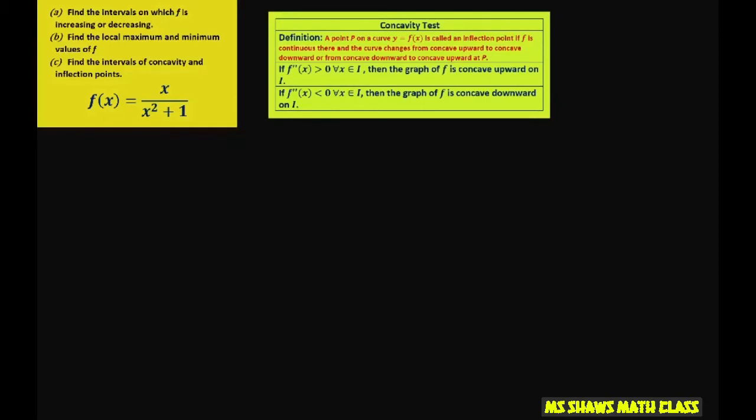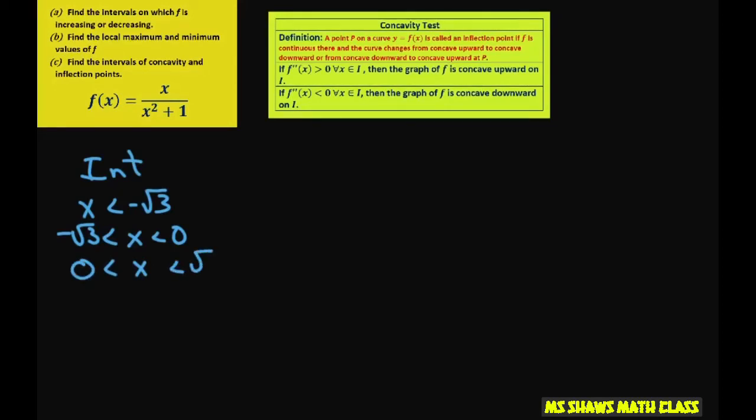All right, so let's start with that. I'm going to duplicate page. So I'm going to do my intervals as x is less than negative square root of 3, x is in between negative square root of 3 and 0, x is in between 0 and square root of 3, and x is bigger than square root of 3.